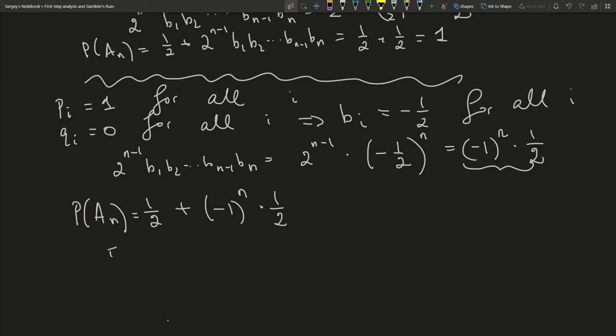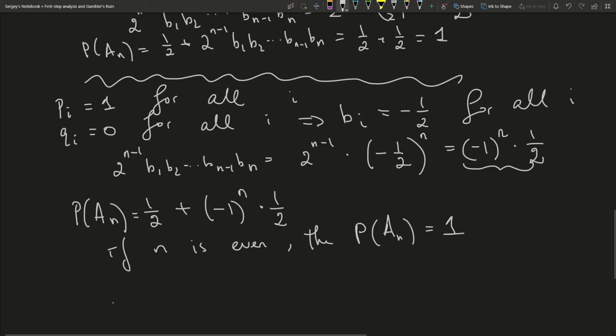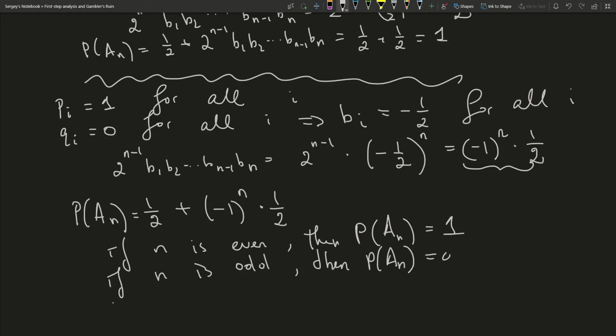And what does this say? This says that if n is even, then the probability of a sub n is 1. So if we perform an even number of trials, we definitely have an even number of successes. If n is odd, then what do we have? We have the probability of a sub n equals 0.